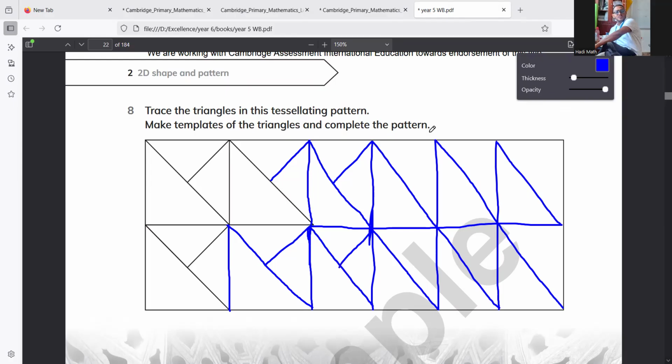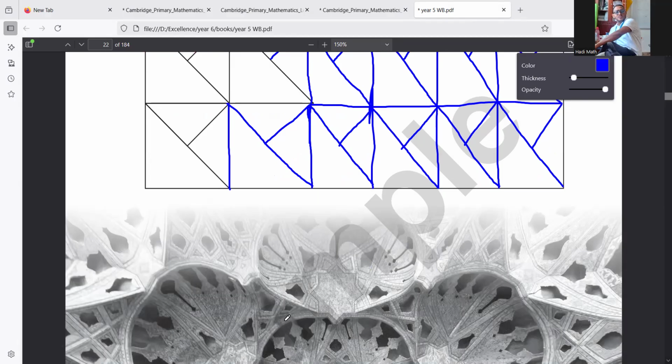Again, this one is full, this one is divided into two. You keep doing this for all your triangles. This is a full triangle, and this one you divide into two. So this is how you make them: the same type of triangles over and over with the same tracing.